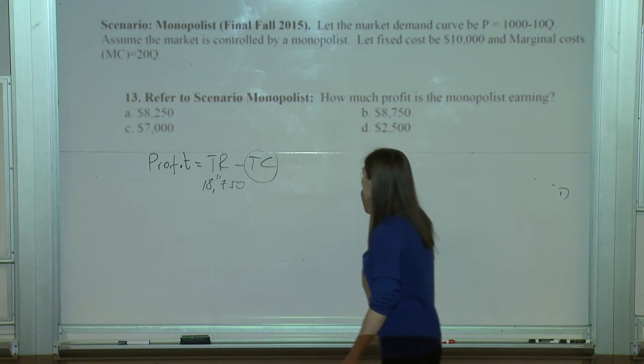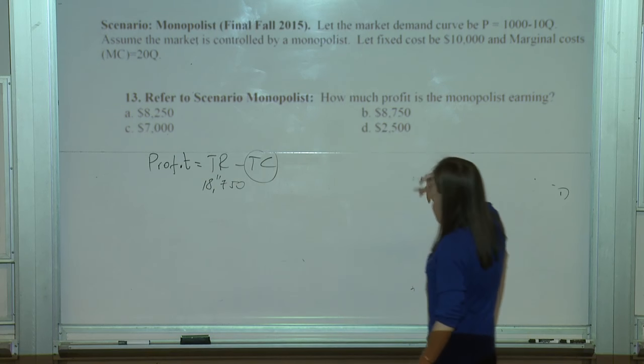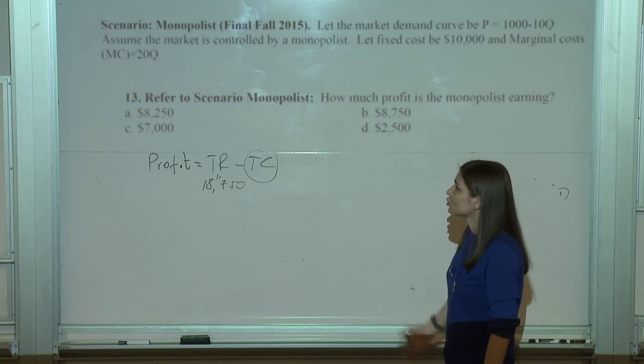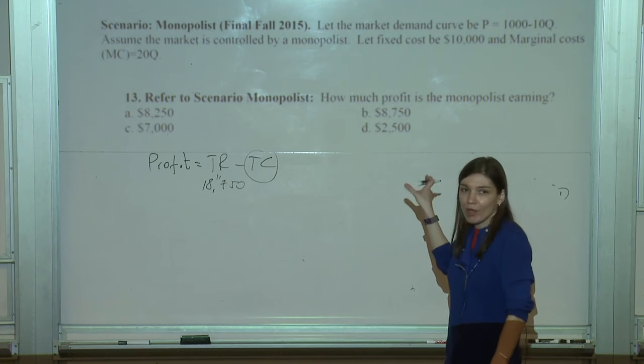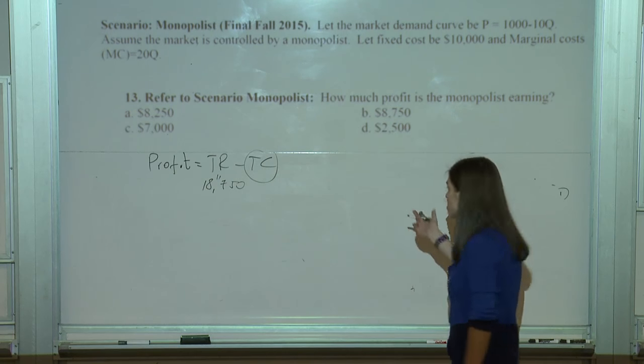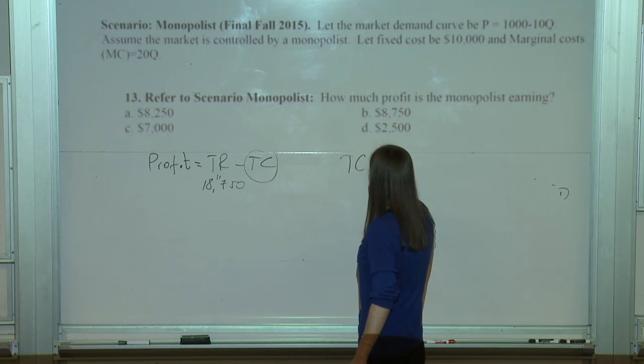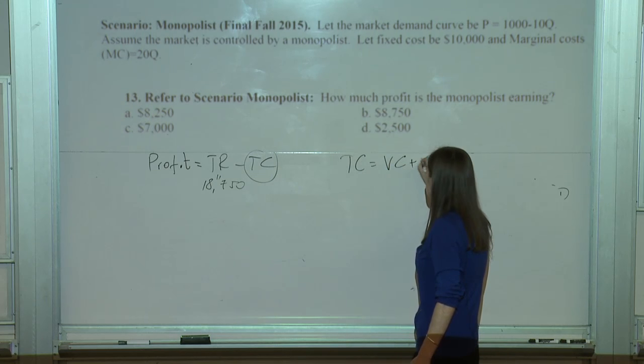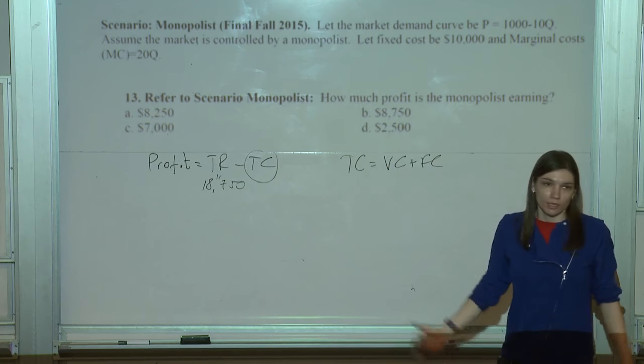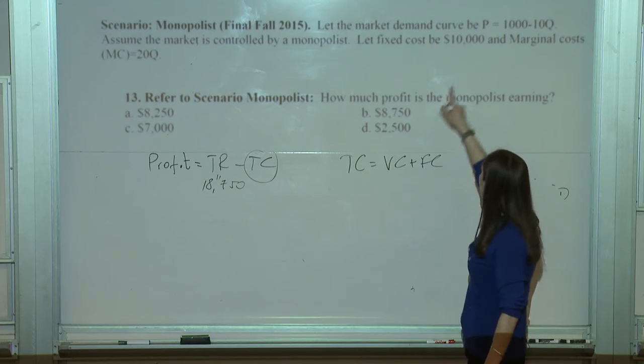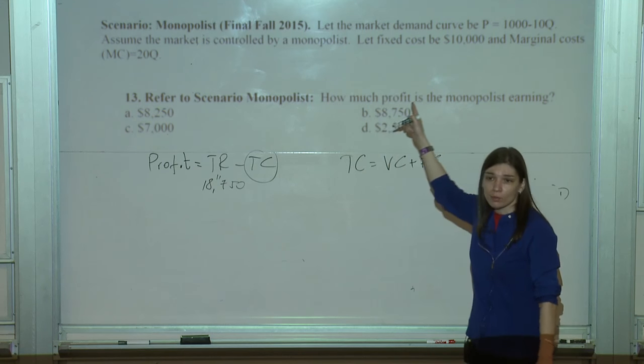To find total cost, I can figure out the average total cost and multiply by Q, but here I don't have information on that. So the other way to express total cost is the sum of variable cost and fixed costs. That's always the case. Fixed cost I know. That's 10,000. It's given in the problem.